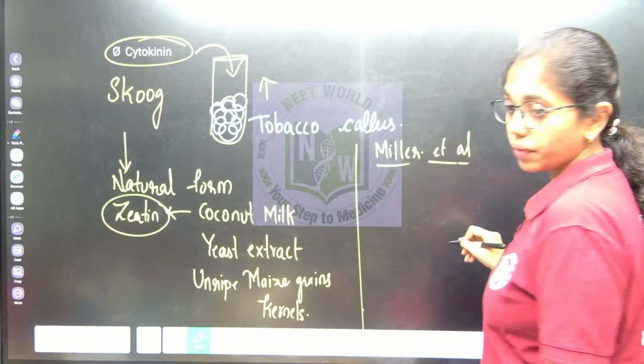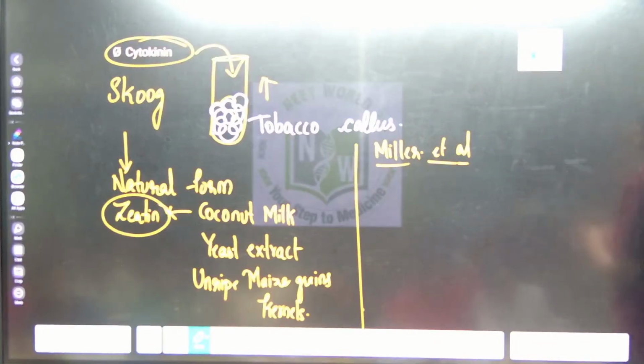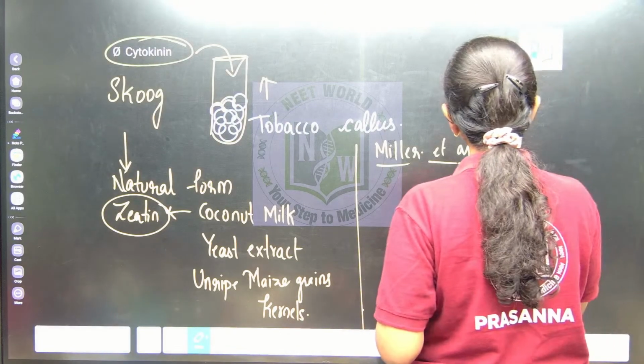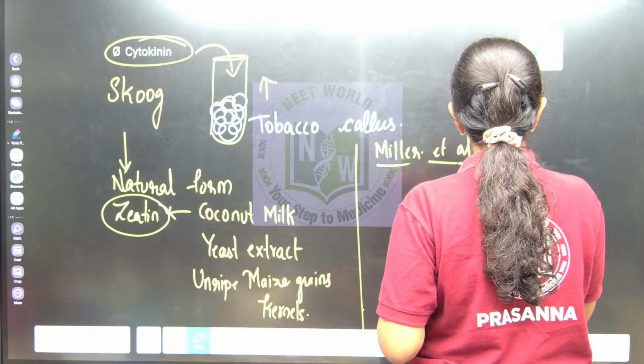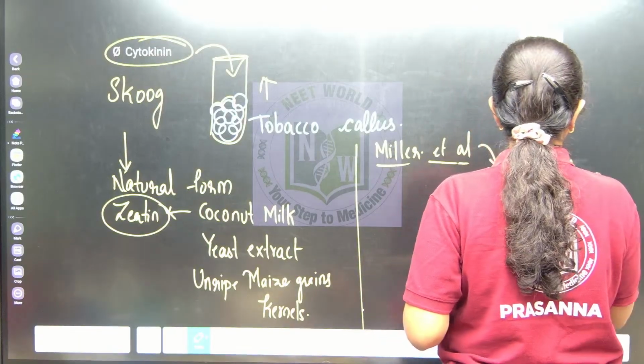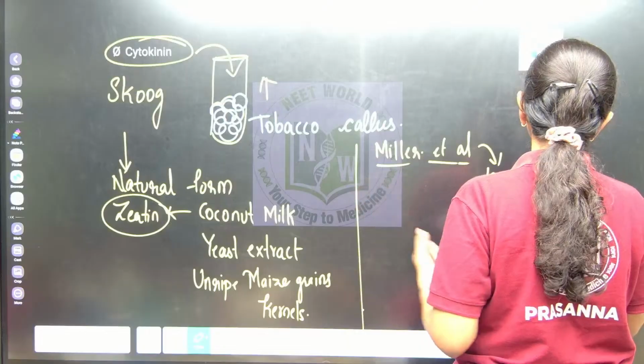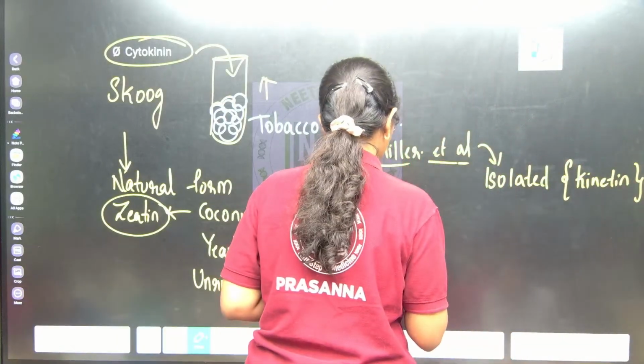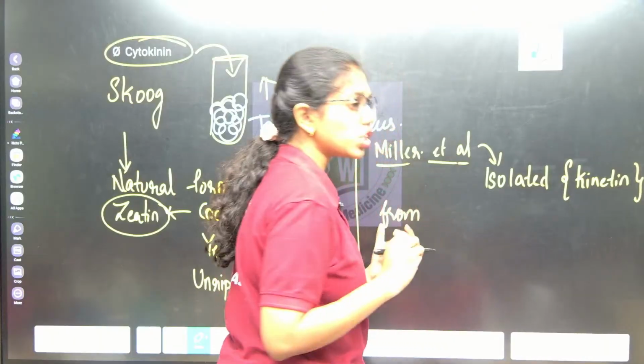What is his discovery? He has isolated the artificial form of cytokinin in the form of kinetin from autoclaved herring sperm DNA. What is kinetin, ma? Synthetic form of cytokinin. Autoclaved means what? Which is sterilized.